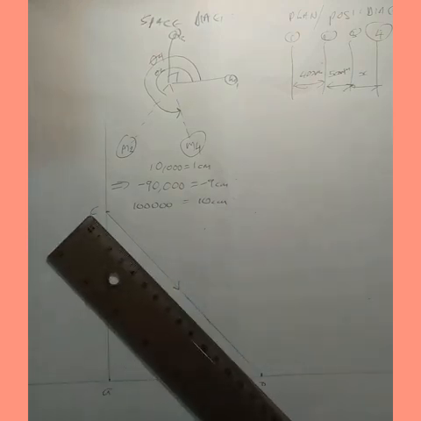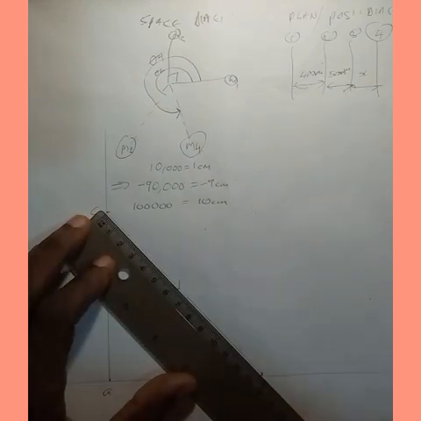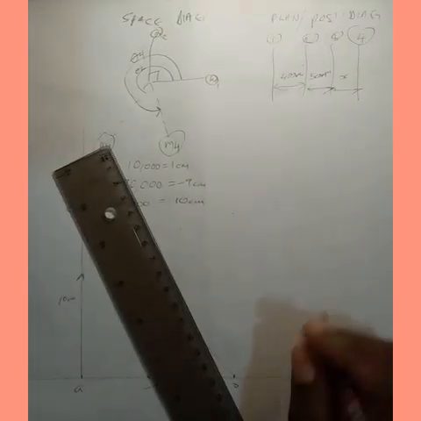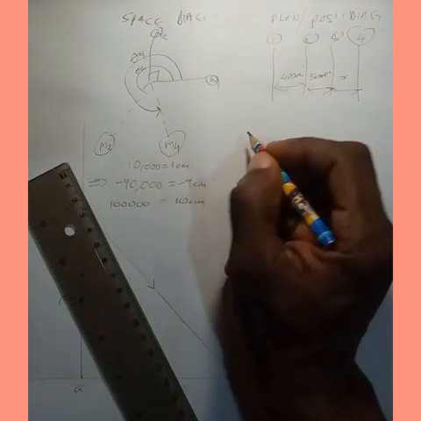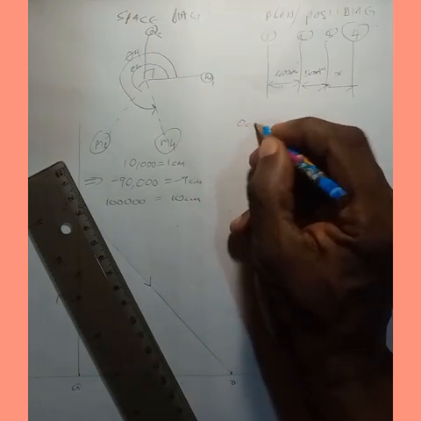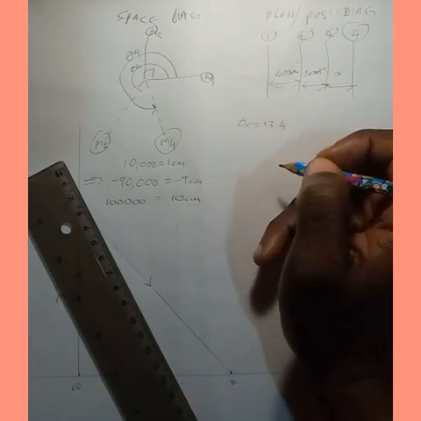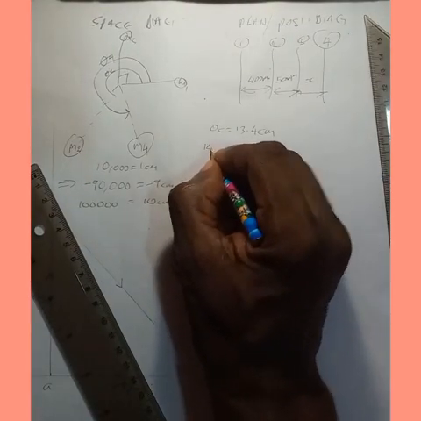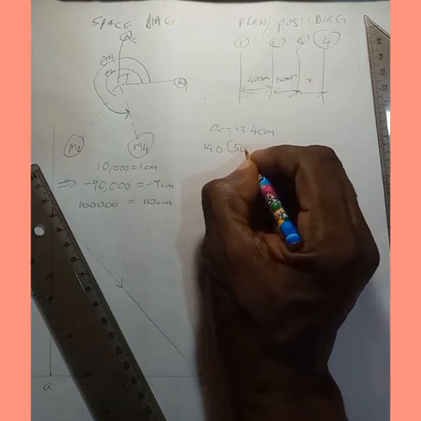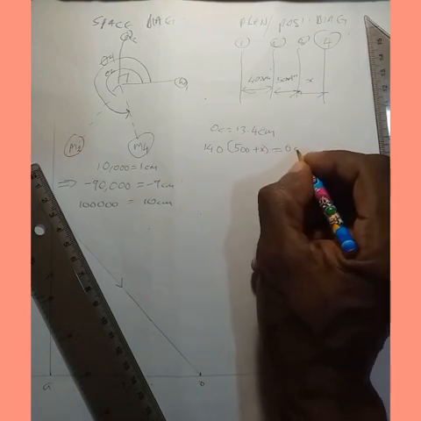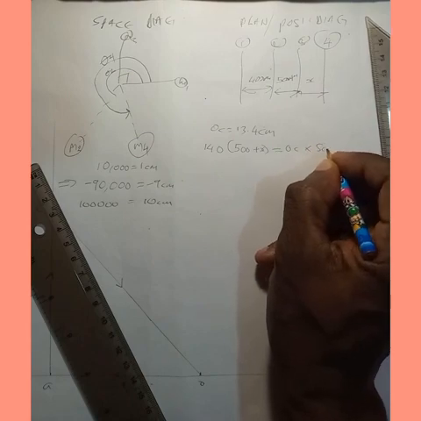So once we measure it, we get 13.4. So it means the distance OC is 13.4 centimeters. So this implies 140 into 500 plus x will be equal to OC multiplied by scale.